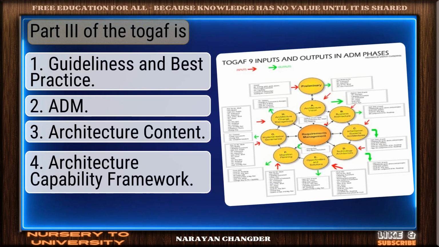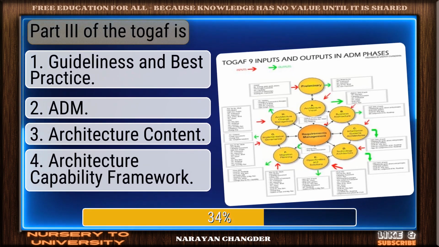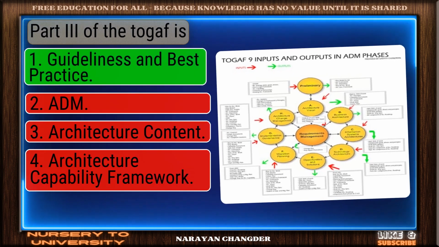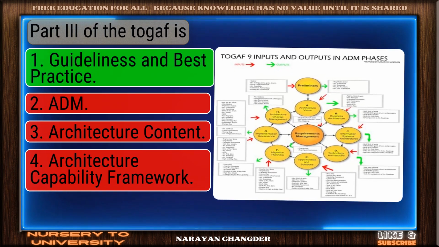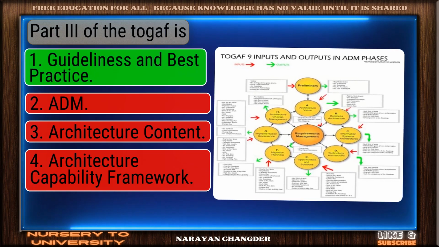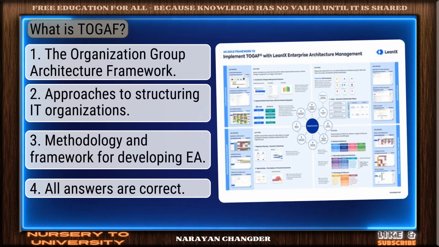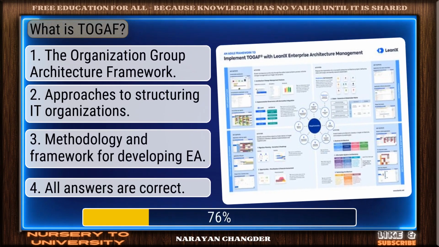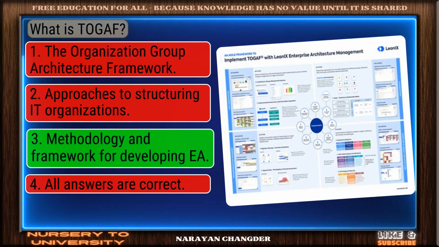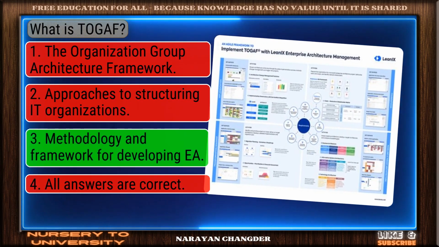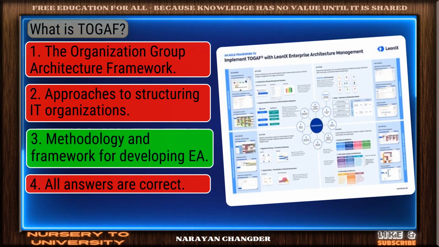Question number 79. Part I of the TOGAF is? Smart move. Guidelines and best practice is an accurate answer. Question number 80. What is TOGAF? Valid point. Methodology and framework for developing E is true.